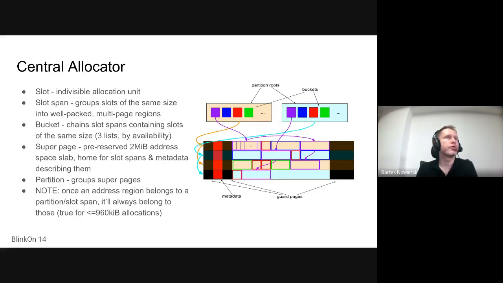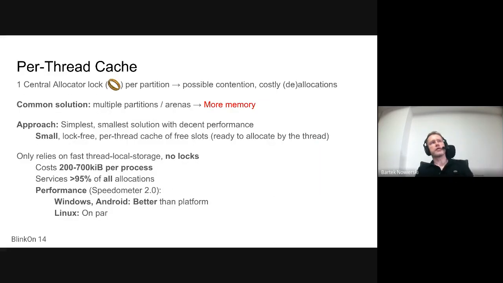Thread cache is a bit more interesting. Like I said, there's one central allocator lock to rule them all per partition, which could obviously lead to contention, which would increase the cost of memory allocations and deallocations.